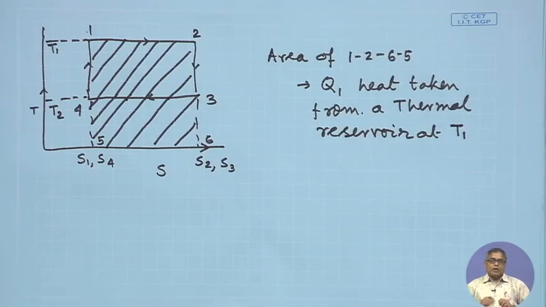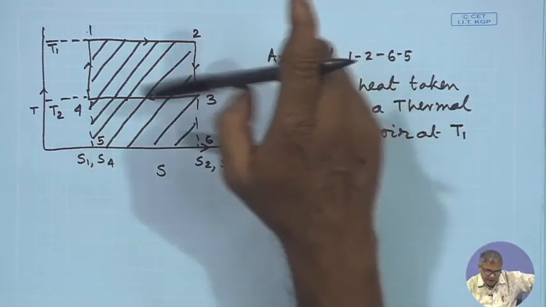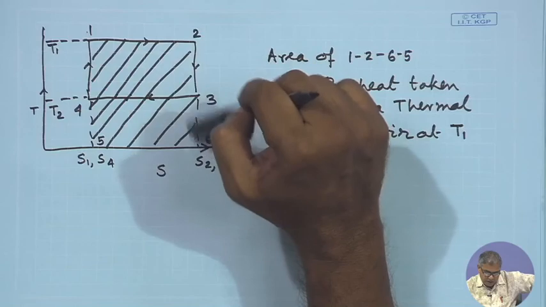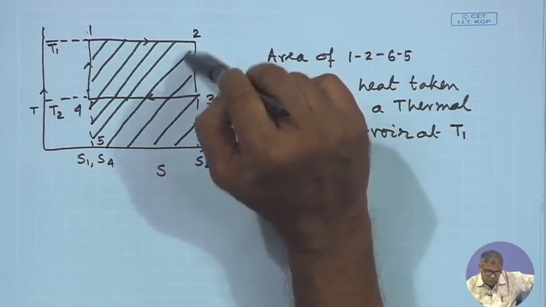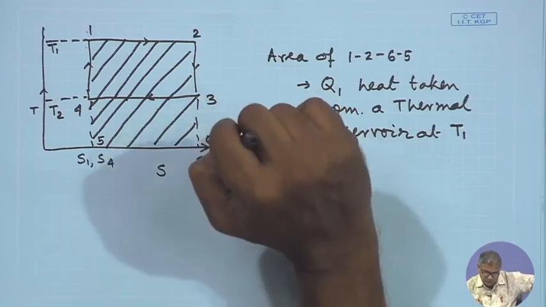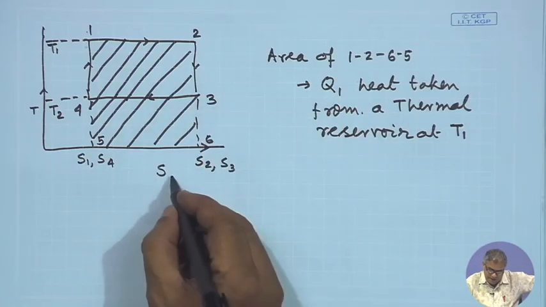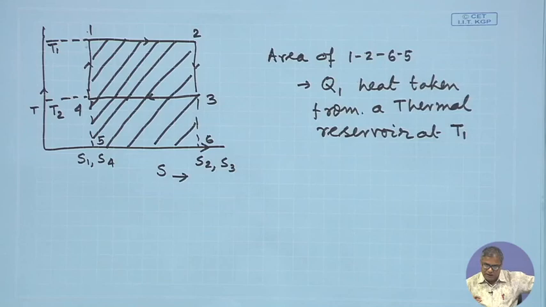Okay. So, you see that the area under the curve, which is a straight line of course, 1, 2 up to the entropy coordinate, gives whatever thermal energy I have taken from the reservoir at temperature T1.